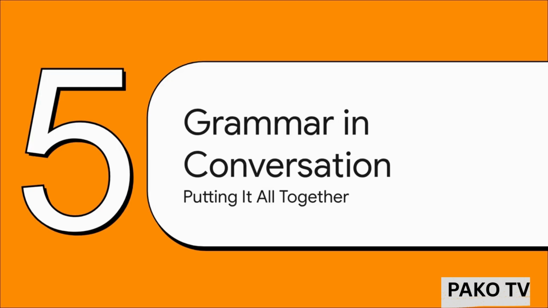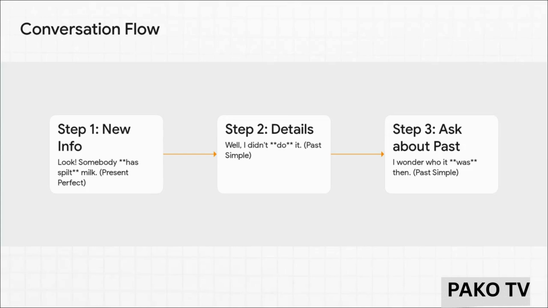Okay, that's the theory. But how does this actually work when people are talking? Because we don't just pick one tense and stick with it. We actually use both of them together, and they each have a different job to do. And this is so useful in real life. Check this out. We often start with the present perfect to introduce a piece of news, something that has a result now.